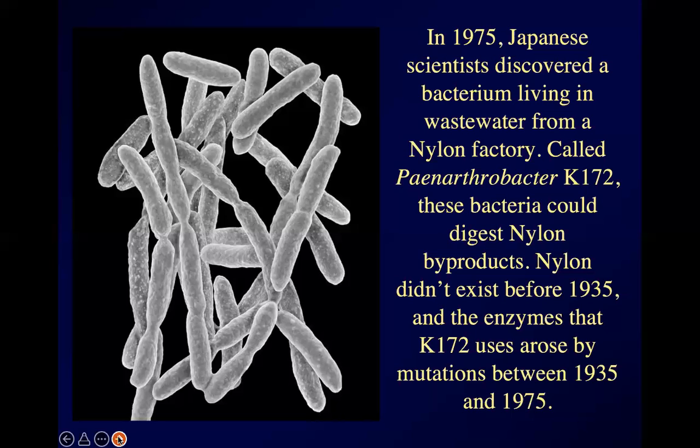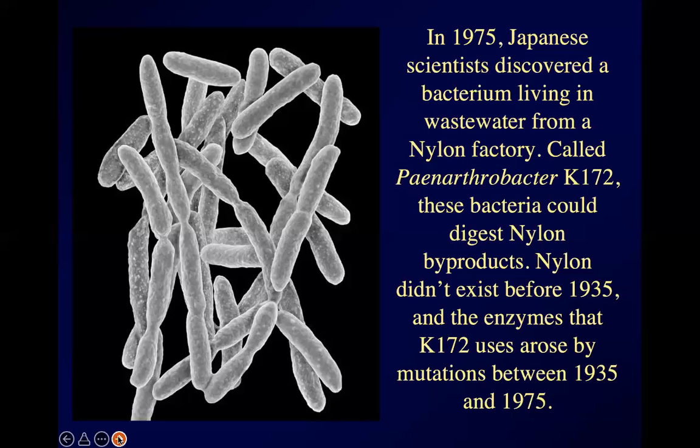And these bacteria were actually capable of digesting nylon byproducts. The joke is that nylon did not exist before 1935. Nylon is a completely artificial fiber using chemicals that, as far as we know, were never produced by any natural process before scientists figured out how to make them.